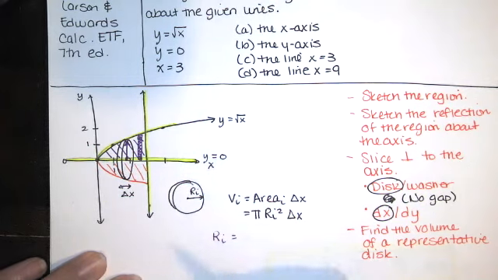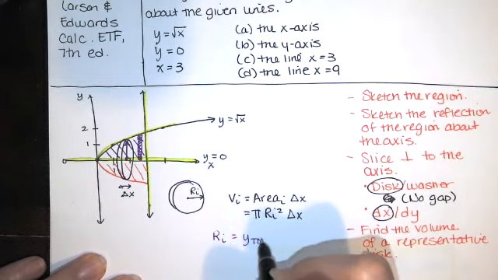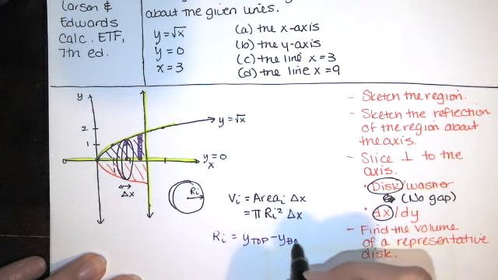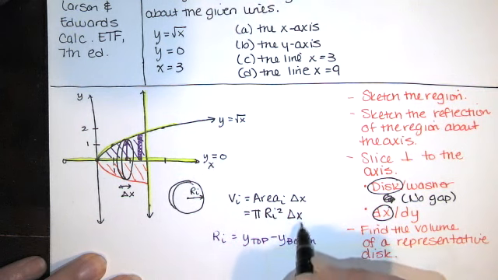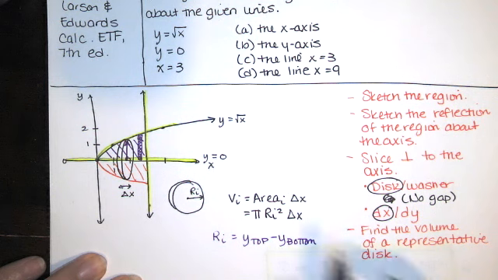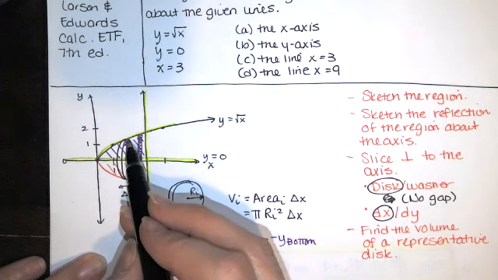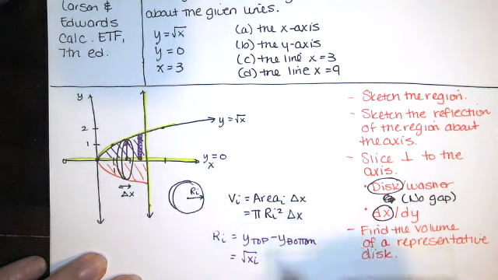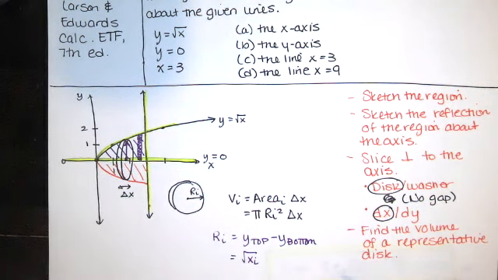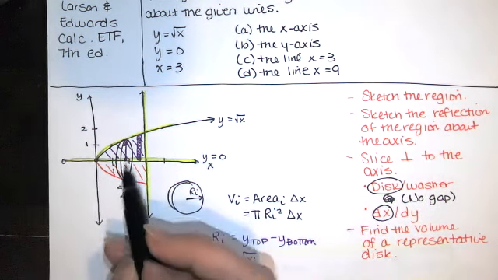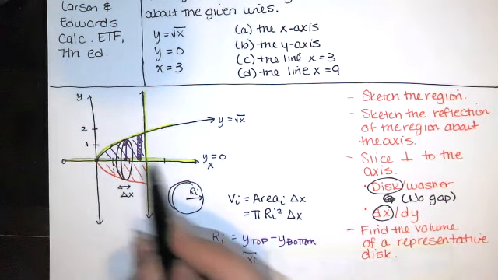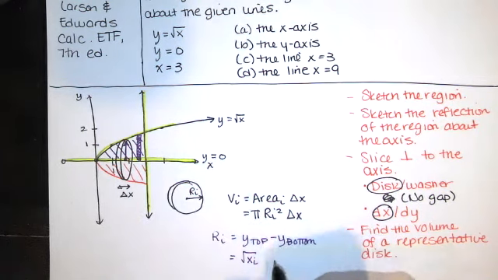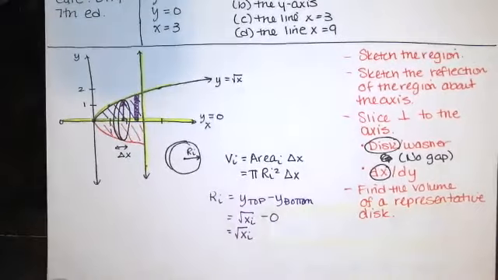Since that is a vertical distance, we're going to take our top y value and subtract our bottom y value, but we want those in terms of x because we're integrating with respect to x. The top y value is given by the square root of x. So if we're talking about the ith disk, we're going to write the square root of x sub i, and the bottom y value is just given by the equation of this horizontal line, which is y equals 0. So we have that there.